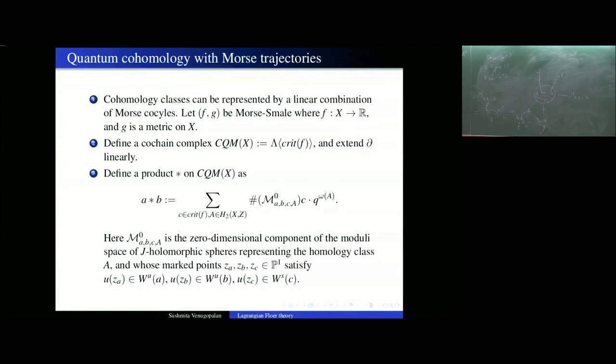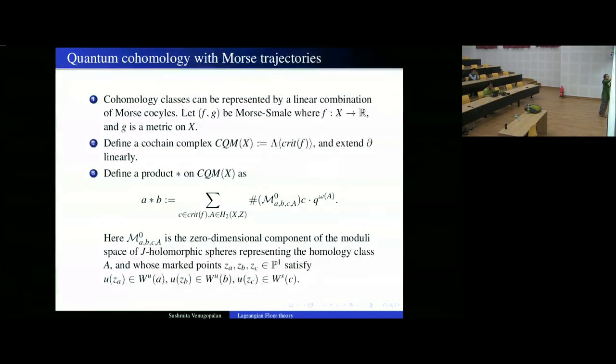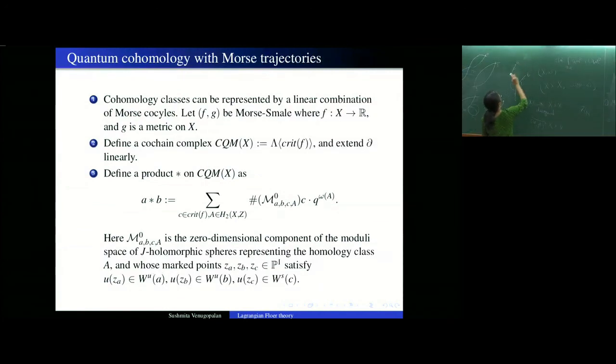So this guy, for example, this critical point is partial A. So it's as if you are taking partial A star B and cupping it with C. So counting these configurations is going to tell you what that quantity is.